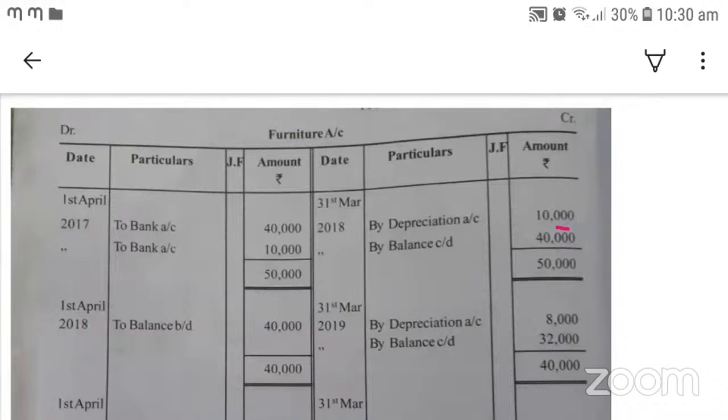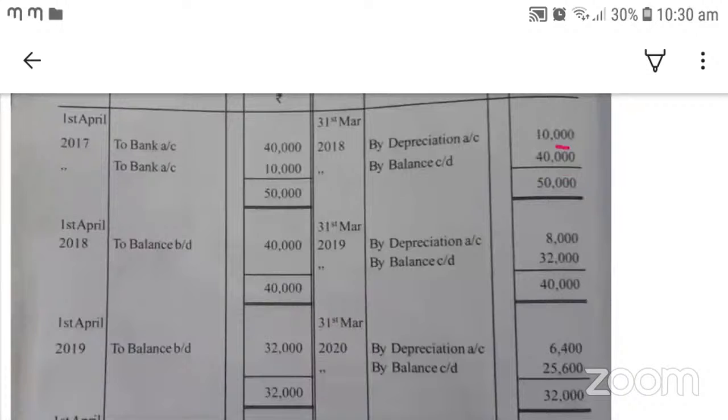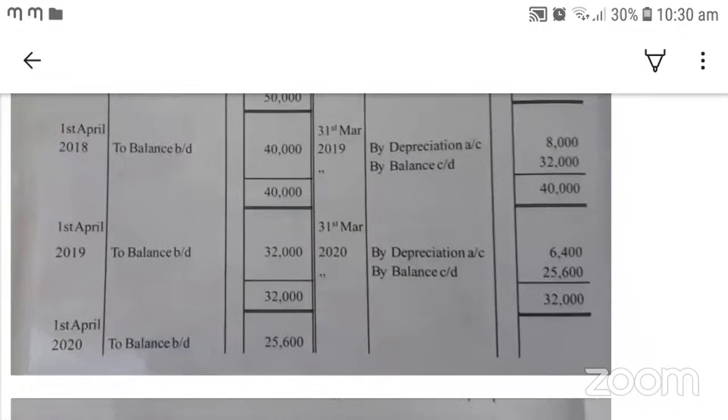That is 1st April 2017 to March 31st 2018 first year, and 1st April 2018 to March 31st 2019 is the second year, and 1st April 2019 to 31st March 2020 third year. Okay, we have prepared machine account for 3 years.